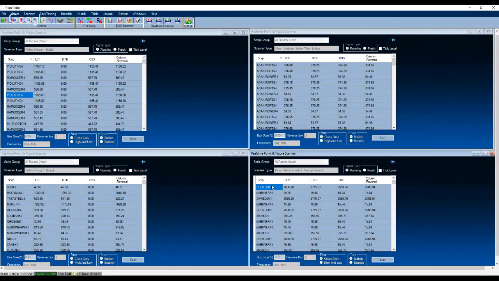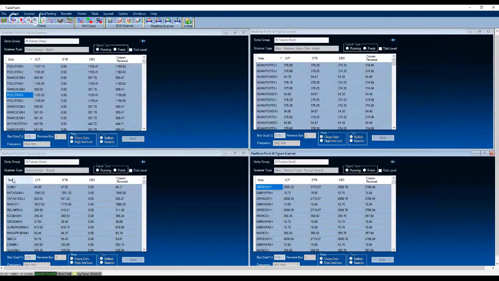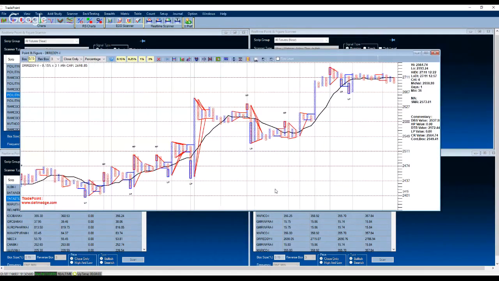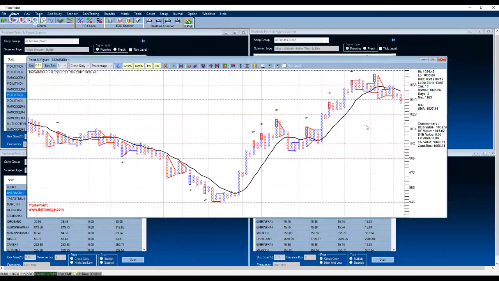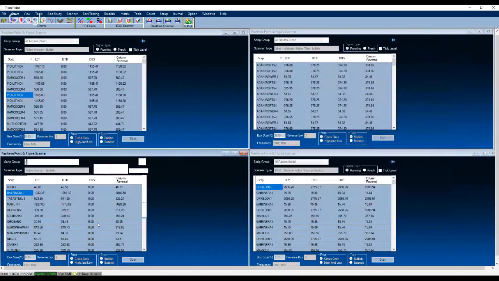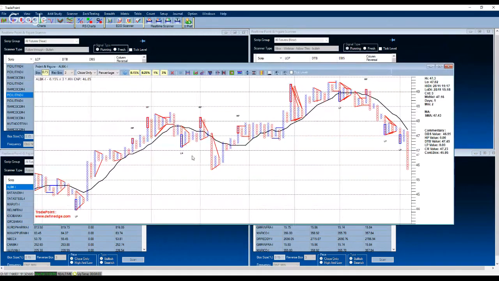So for example, Dr. Reddy, if a sell signal gets triggered, immediately Dr. Reddy will appear in this column or in this scanner. So what I'm trying to do here is look for potential candidates where I can probably initiate a fresh trade. These are candidates where the signal or the trigger has already happened. So I may or may not get an immediate actionable opportunity.